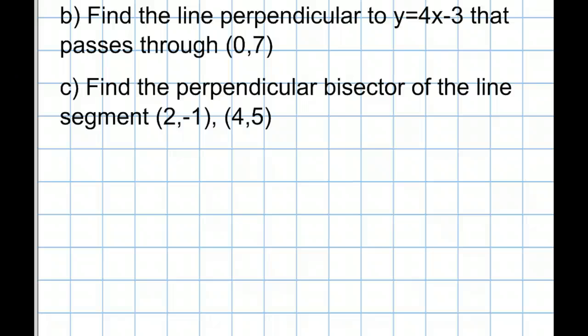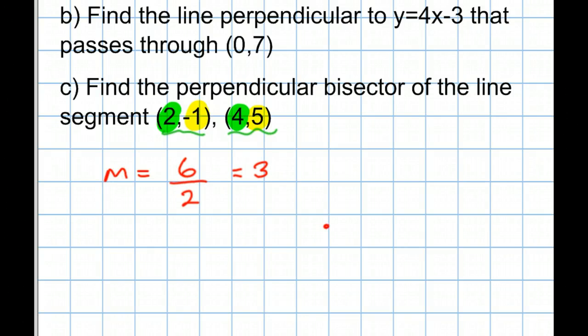First, I've got to find the gradient of the line that joins 2, minus 1 and 4, 5. Well, the gradient is how much the y coordinates changed. They went up by 6, divided by how much the x coordinates changed. They changed by 2. So the gradient is 3.